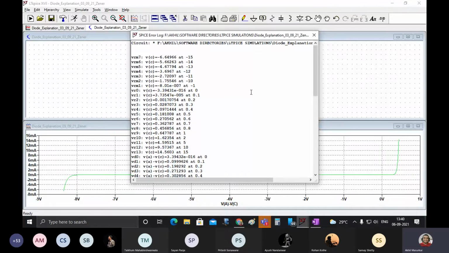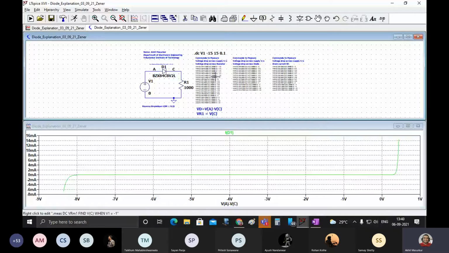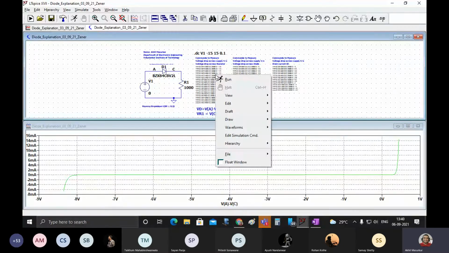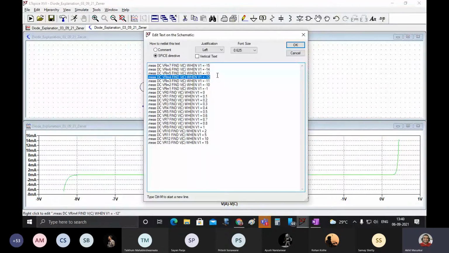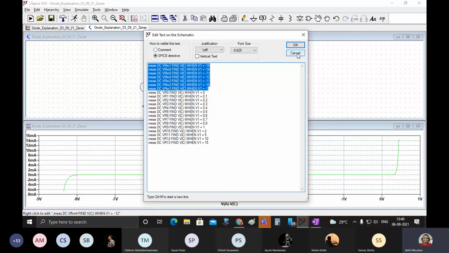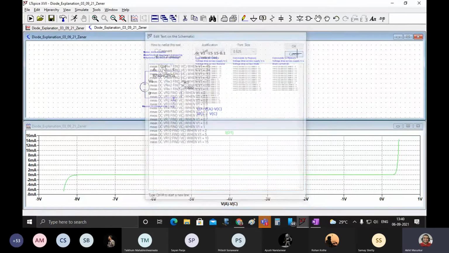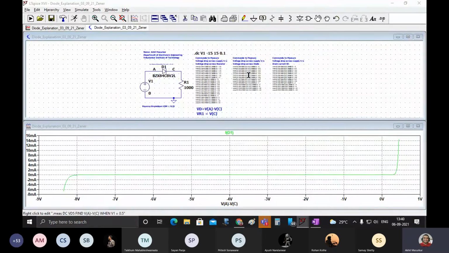Now these same statements we want for the diode, so I'm just copying this and putting it in this statement here at the top.